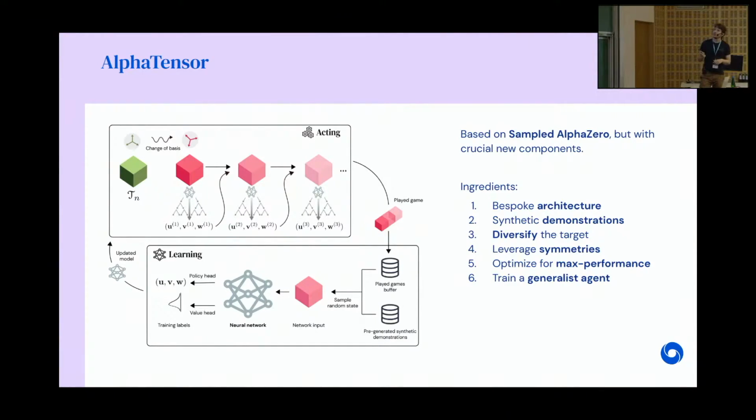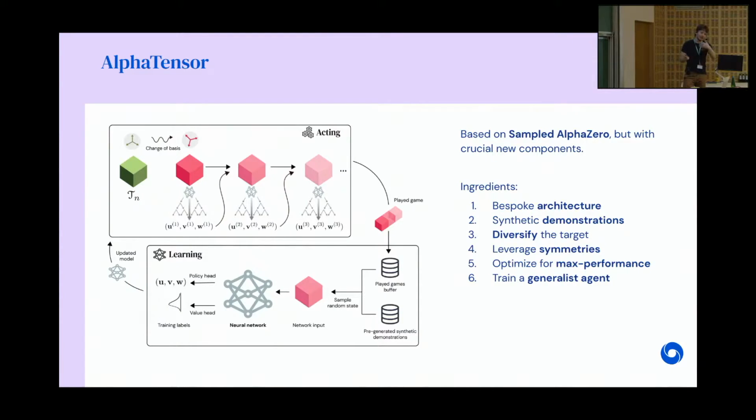In AlphaZero, we have a two-component system comprising acting and learning. In acting, we'll have a bunch of machines playing this tensor decomposition game from the beginning all over. And this is actually where most of the compute is spent when training a system such as AlphaTensor.